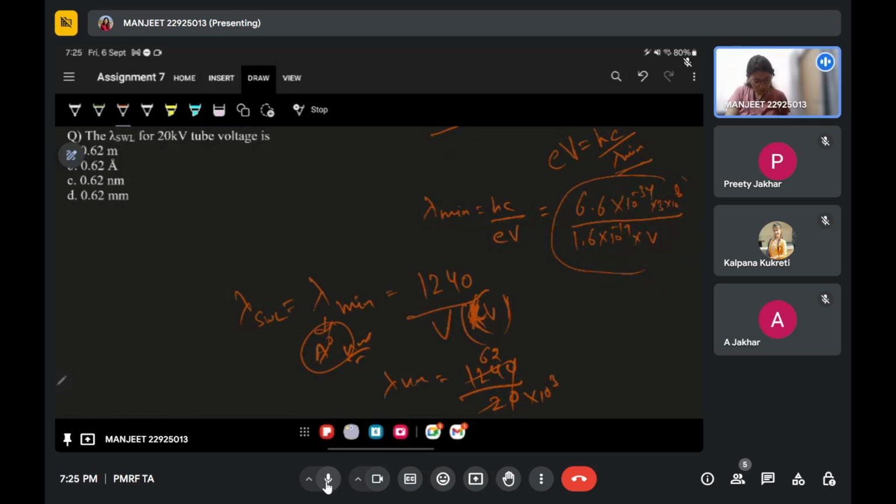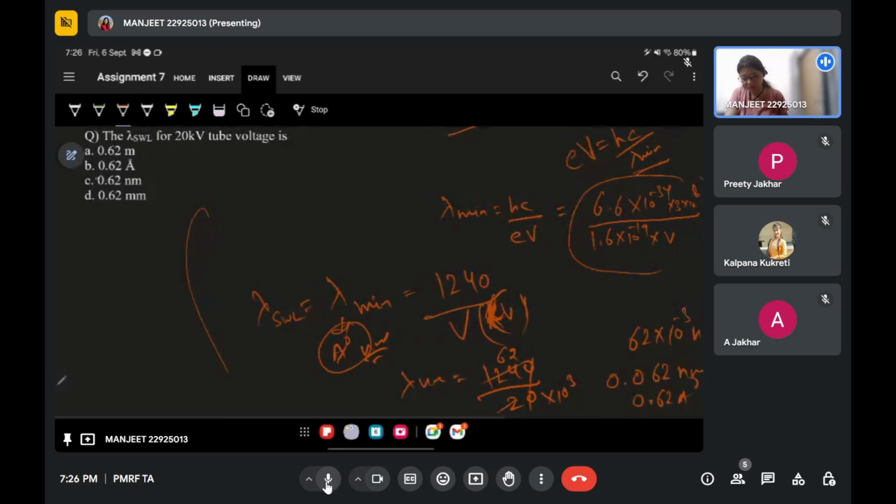So this will give you 62 into 10 raised to power minus 3 nanometer, which is 0.062 nanometer, or if I convert into the angstrom, this will be 0.62 angstrom. So the corresponding SWL will be 0.62 angstrom. So B will be the correct answer for this one.